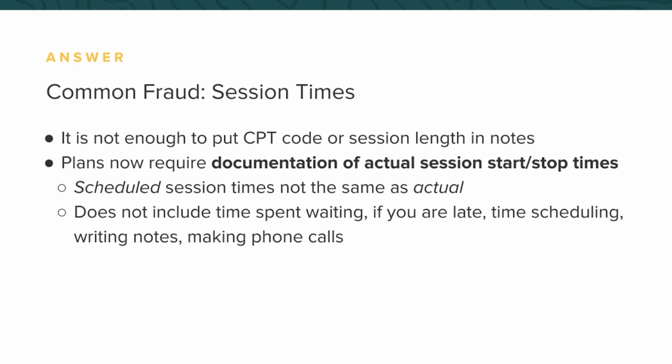Basically, it's from the moment that you start the therapy session to the moment you end the therapy portion of the session. And what they want, and we are required to do now, is that you document the 102 to 156, and they want you to document this for each progress note to back up your billing.